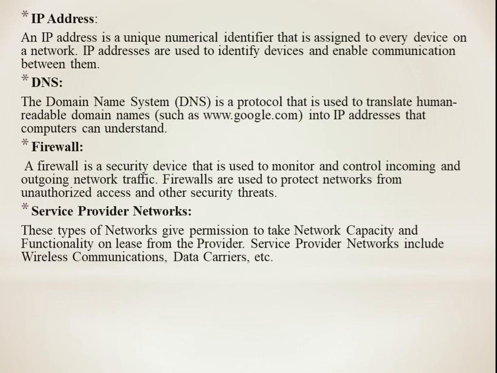IP addresses. An IP address is a unique numerical identifier that is assigned to every device on a network. IP addresses are used to identify devices and enable communication between them. Suppose we are searching on Google, for example.